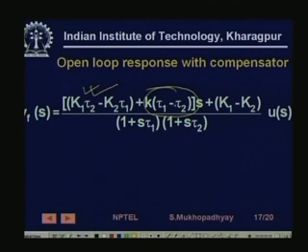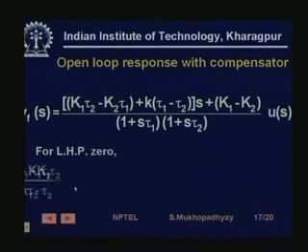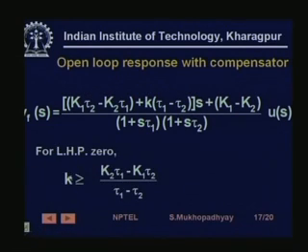So if we want to shift the 0, we have to add this k in such a manner that k is greater than or equal to this. Then this 0 will become a left half plane 0 and the non-minimum phase response will not be shown to the controller. So the controller will not see the non-minimum phase response and will not get confused.